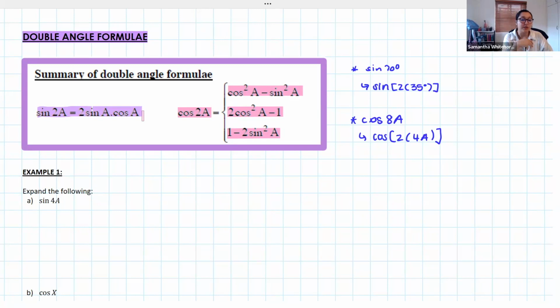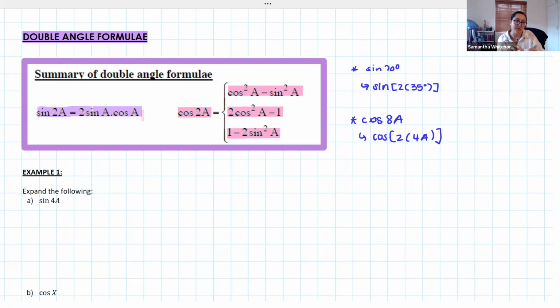There's certain situations where it makes absolutely no difference which one you choose to work with, such as the examples we're going to do today, quite basic ones. There's certain examples like when you're proving an identity. So when I say prove the following identity, if you come across a cos double angle, you will need to assess what information you have. What are you trying to prove?